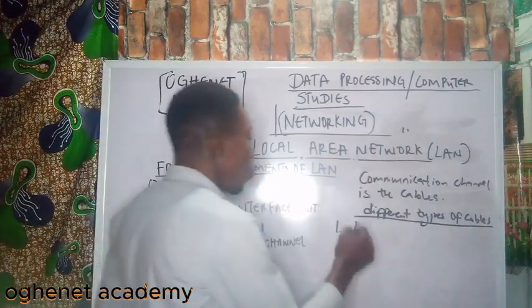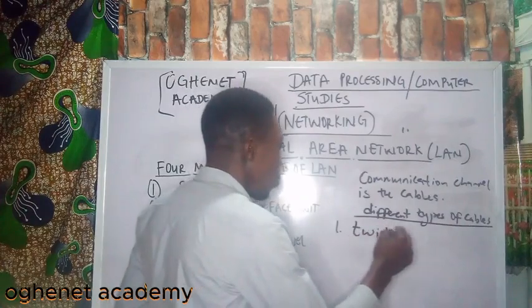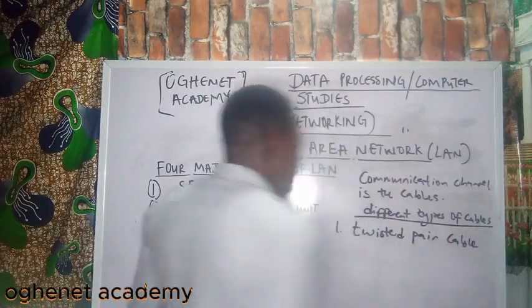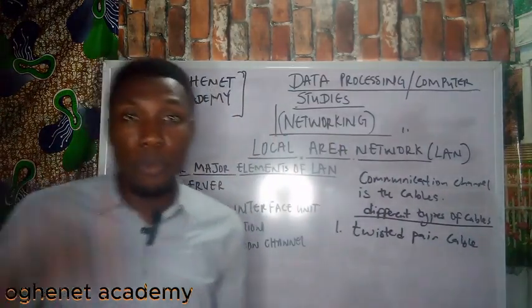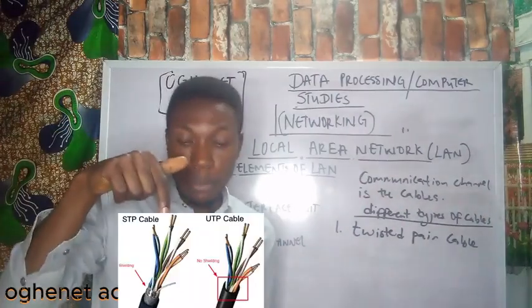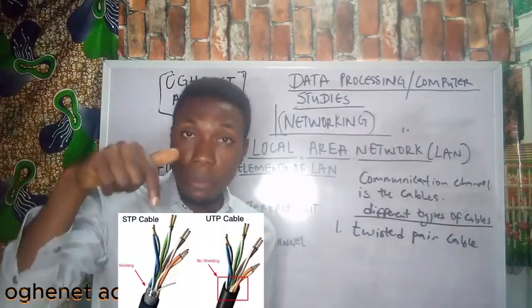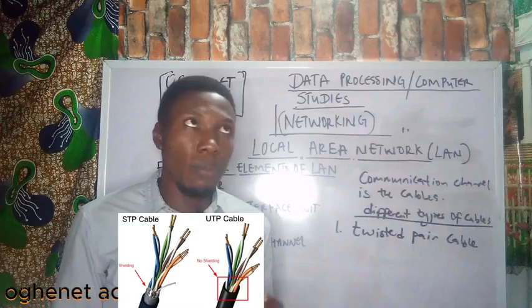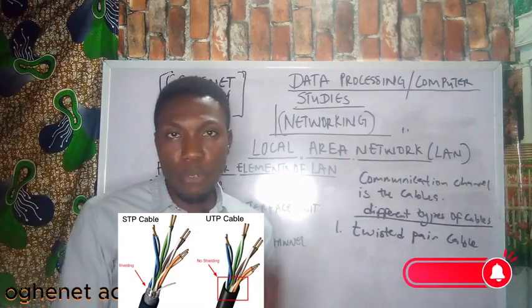Number one, we have the twisted pair cable. Now, the twisted pair cable, if you look below me right now, you will see the image of the twisted pair cable. It's nothing but pairs of wires.